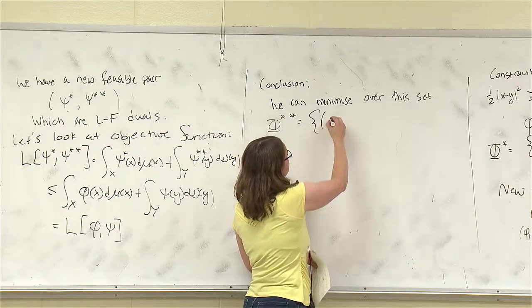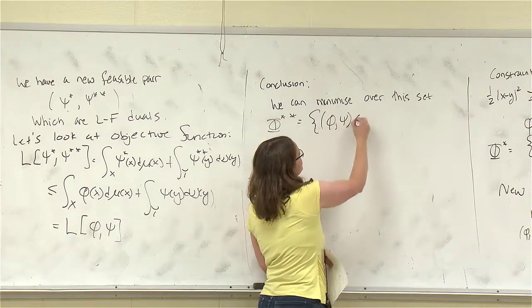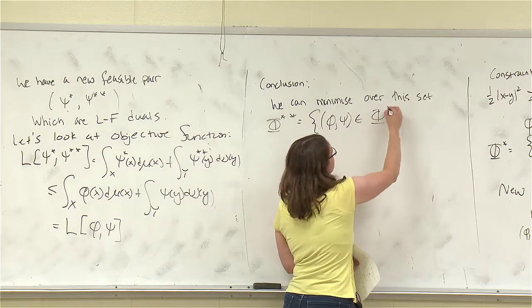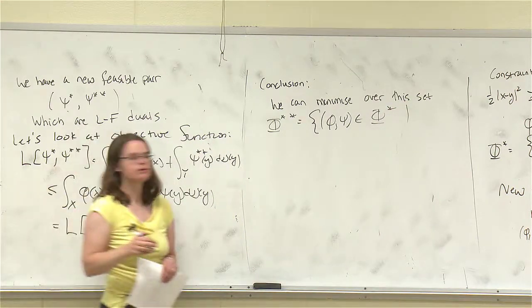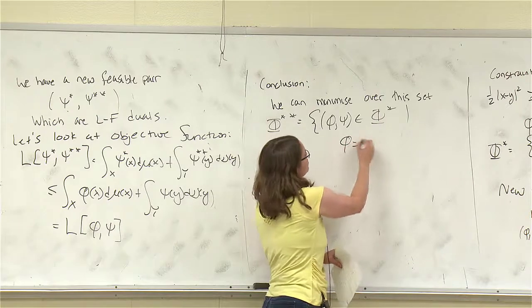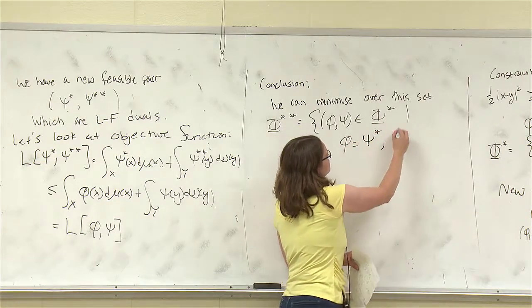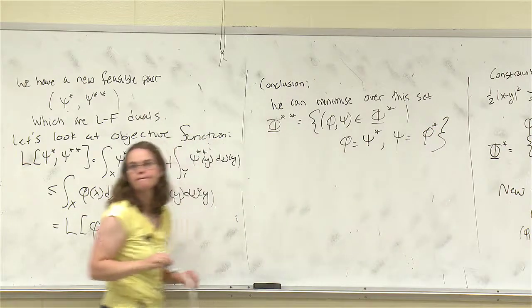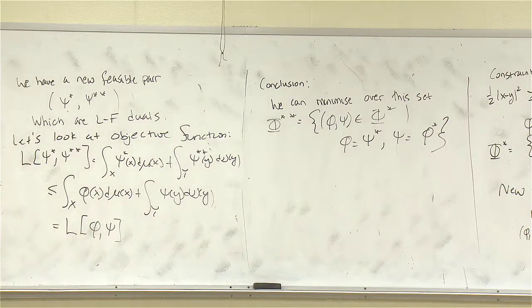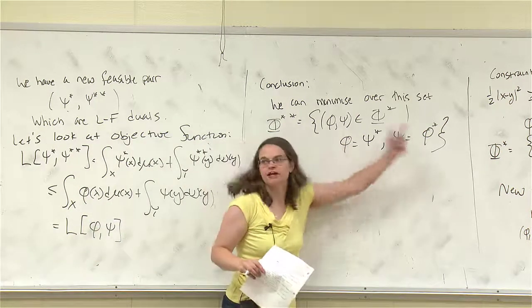This is going to be all functions phi and c that satisfy my constraints, but also that are Legendre duals of each other, such that phi is c star and c is phi star. If there's a minimizer, I'm perfectly free to assume that it takes this form.